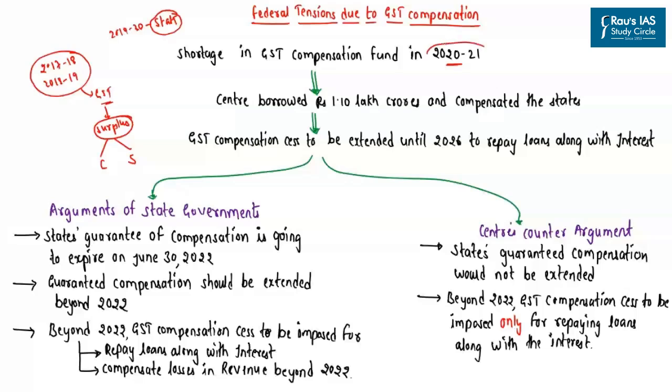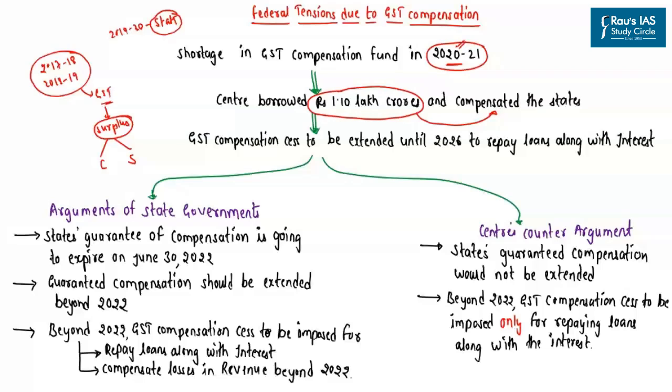Accordingly, for this year, that is 2020-21, the central government borrowed around 1.10 lakh crore, and this borrowed money was in turn used to compensate the states for their loss in the tax revenue in the year 2020-21.